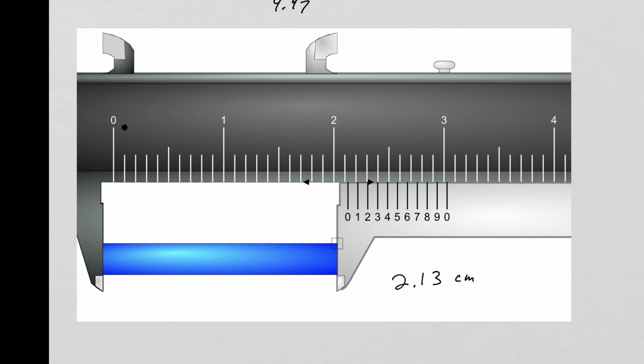Okay, next. Make sure you know the difference between a vector quantity and a scalar quantity. So between a vector and a scalar. So a vector, right, has a magnitude and a direction.